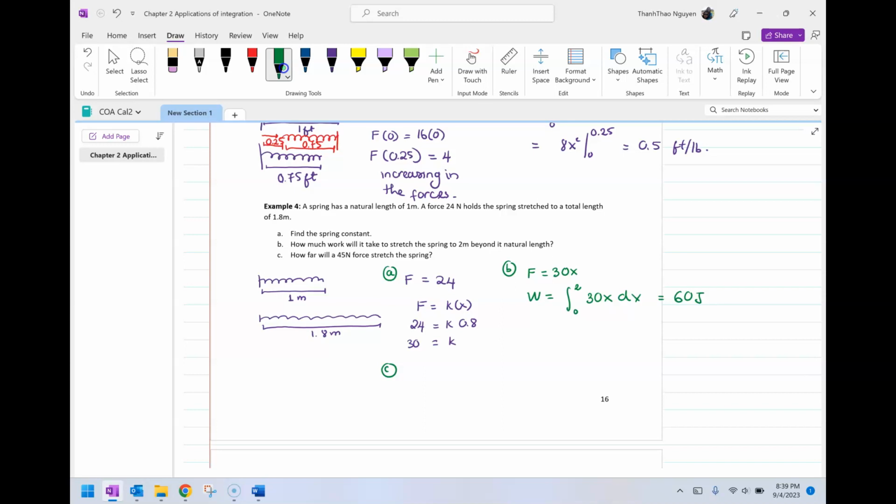We know that F equals 30x, and we know that the force is 45. So 45 equals 30x, and then x equals 1.5 meters. So with a force of 45 Newtons, the spring will stretch 1.5 meters.